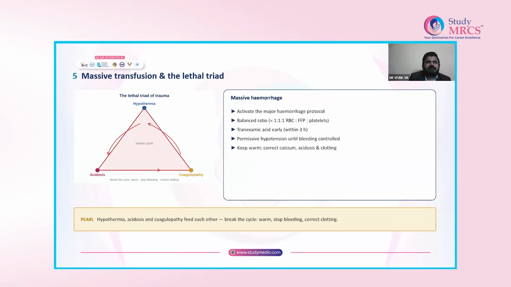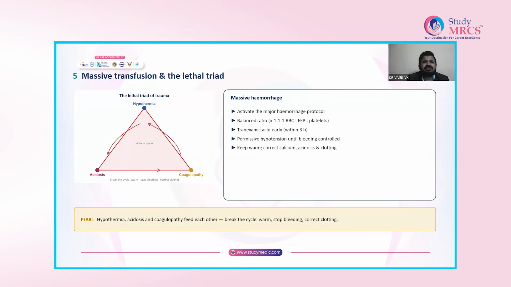So, something about the massive transfusion protocol and the lethal triad. The lethal triad in trauma is a triad of hypothermia, acidosis, and coagulopathy.